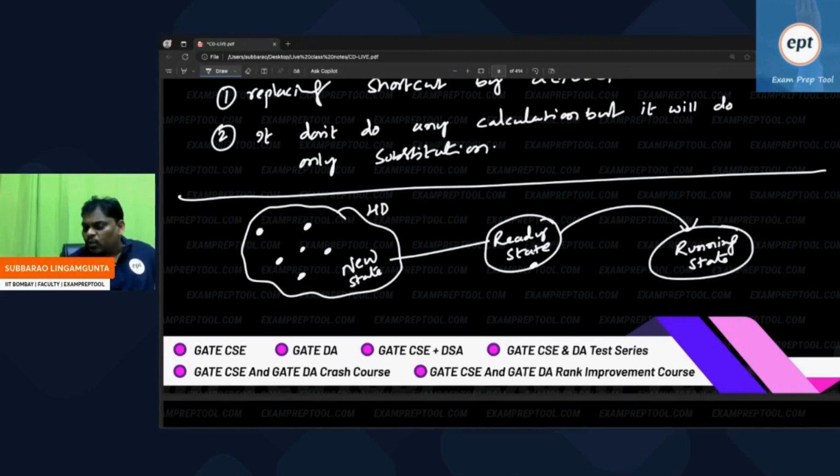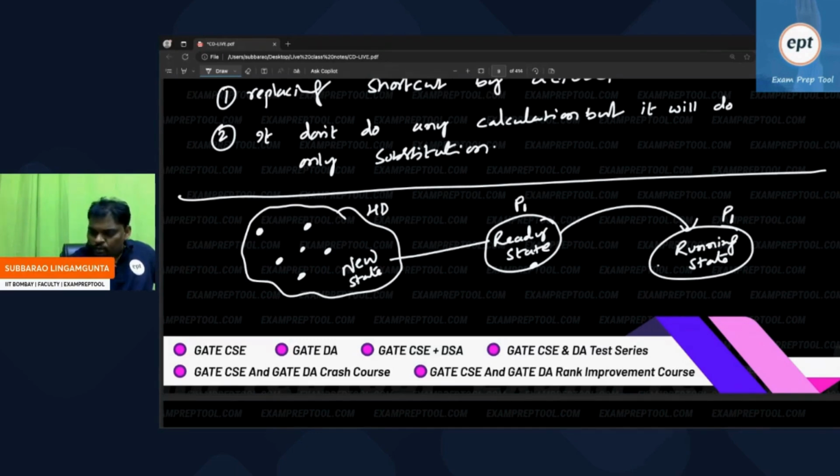Suppose program P1 is running. Program P1 is initially in the ready state. Because the CPU is free, P1 is running here. Unfortunately, whenever P1 is running, some other high priority process or program comes. Then the CPU will say to P1, hello P1, please wait, because a higher priority process has come, so I cannot run you further.